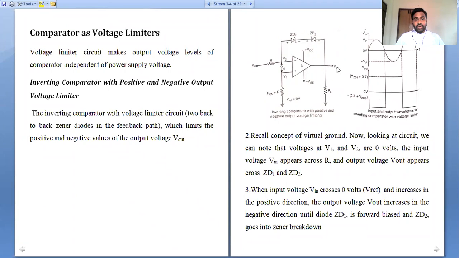So when the terminal voltage at the virtual ground is 0, the input voltage passes through the input resistance, follows the feedback loop, and reaches the output voltage. When the input voltage crosses 0 volts, note that the input voltage is a time-varying signal. It is a sinusoidal signal, and it will flow through the input resistance and through the Zener diode.